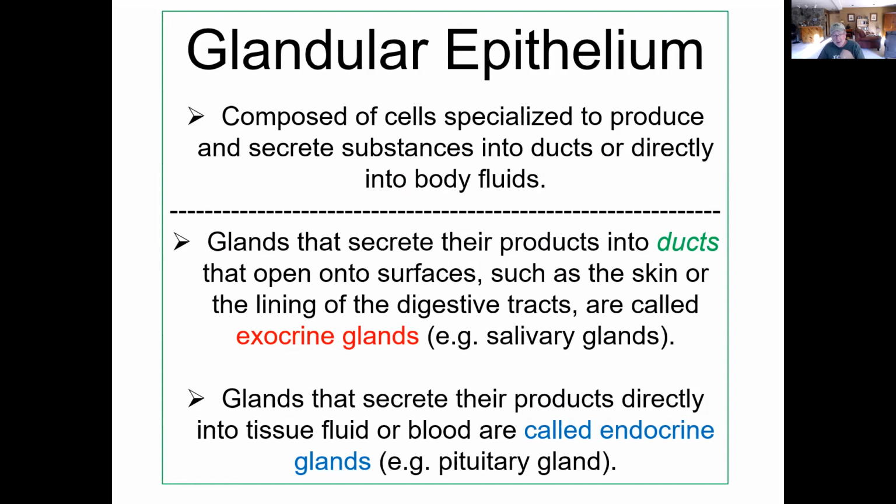And there are typically some target tissues that respond to those hormones. And we list, of course, the pituitary gland, pineal gland, thyroid gland, the testes and the ovaries, dump their hormones directly into the bloodstream.